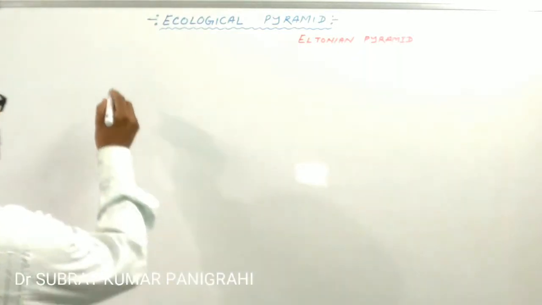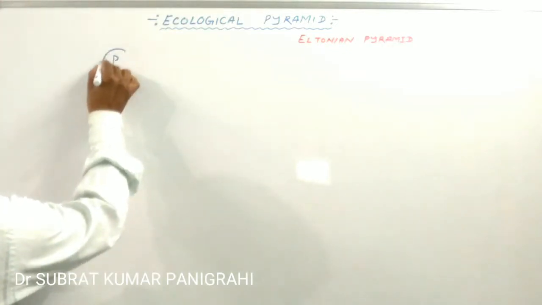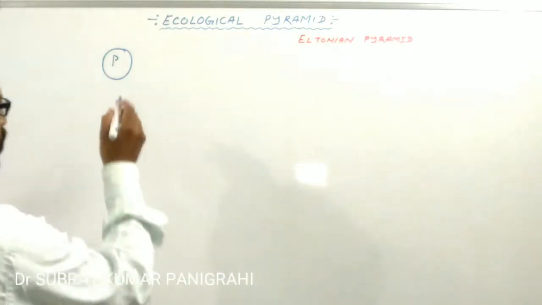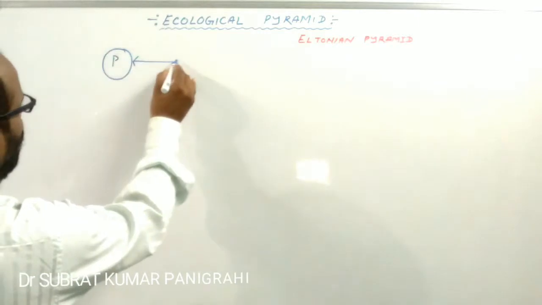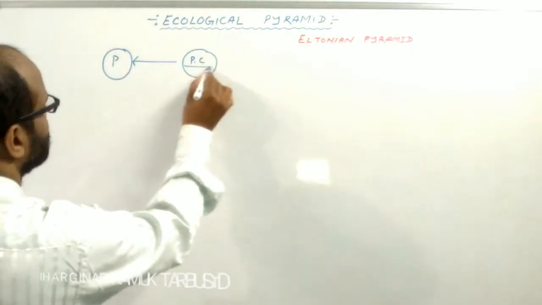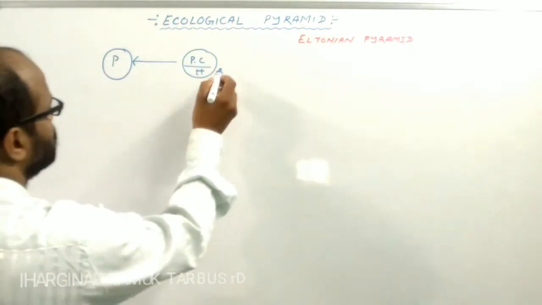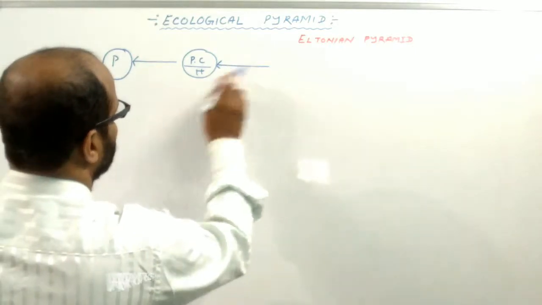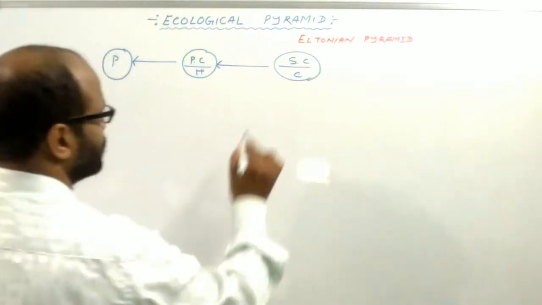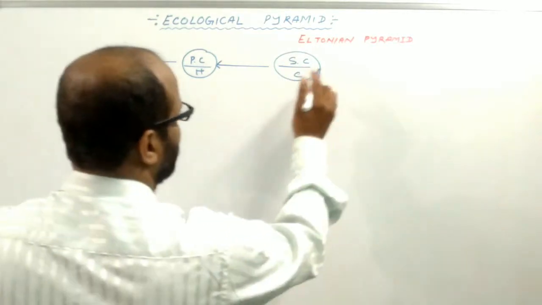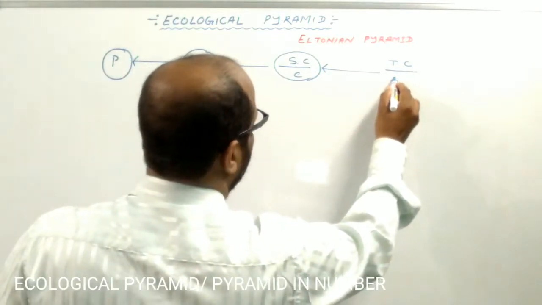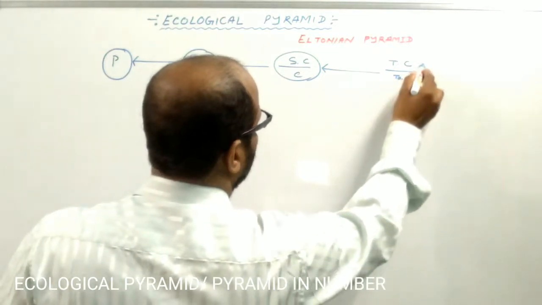As you all know, the producers are the main component; they form the food matter for all the herbivores or primary consumers. These primary consumers or herbivores become the food of the secondary consumers or carnivores. These secondary carnivores become the food of the tertiary consumers or top carnivores.